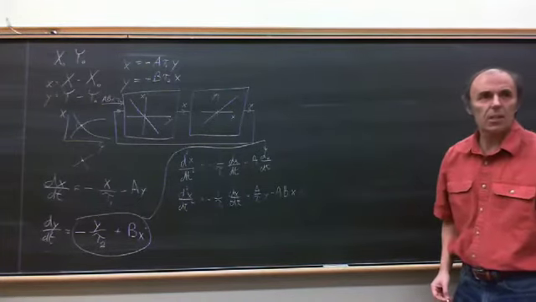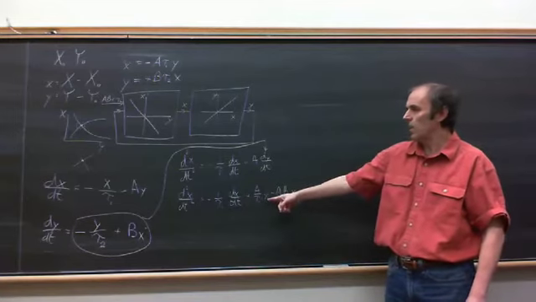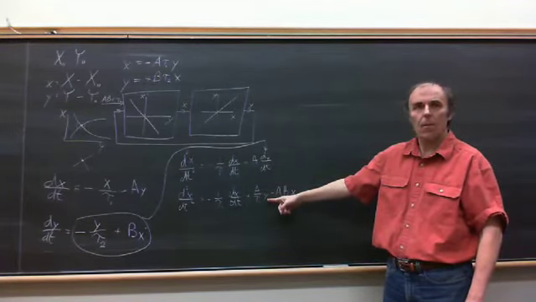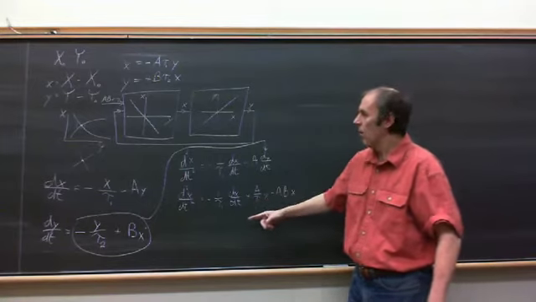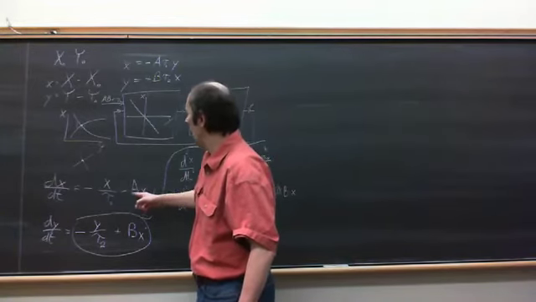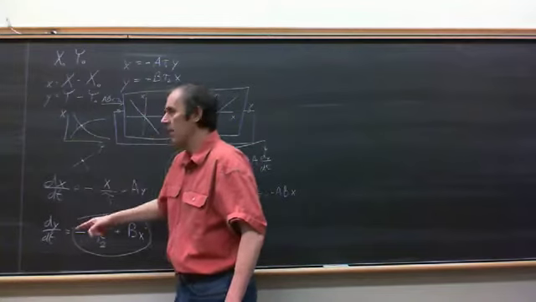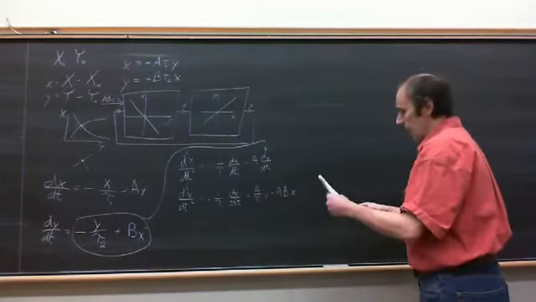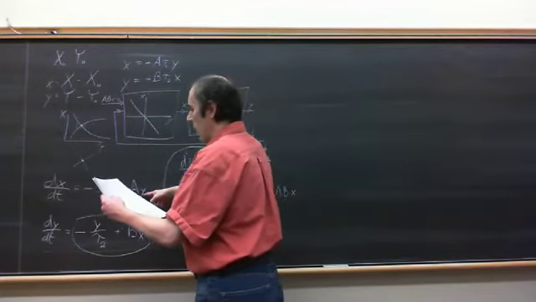We almost have this just in terms of x, but we've still got this y in here. So how are we going to get rid of the y? Well, this equation has a y and an x and a dx dt. We can just solve this for y and plug it in. So I'll do that. I'll solve this equation first of all for y.